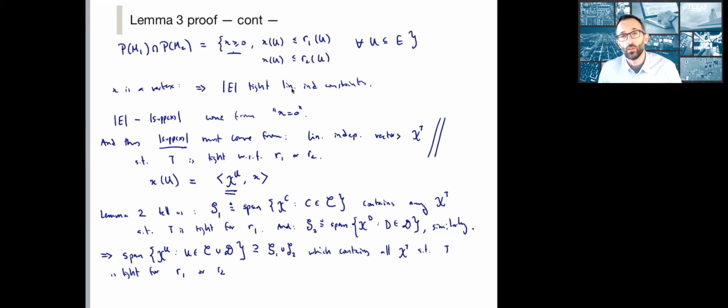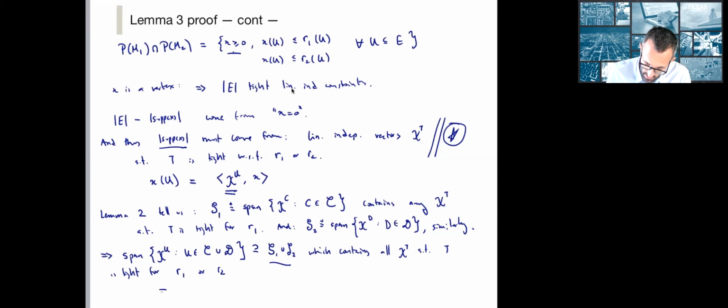So if I look at the full collection of all the vectors chi t, where t is tight with respect to R1 or R2, I know that set has to have at least support X independent vectors. All of these are contained in S1 union S2, and these are in turn contained in the span. And that's exactly what the lemma was promising.